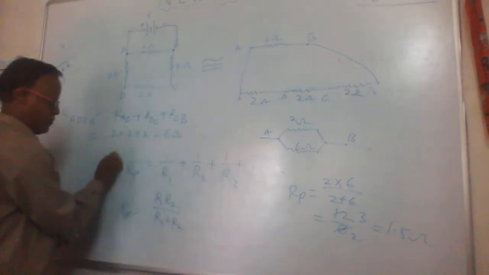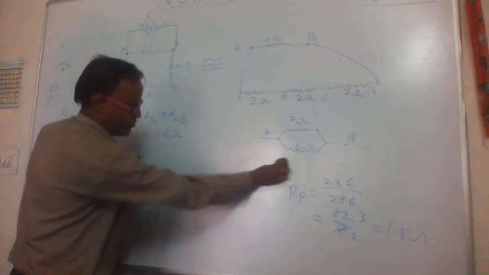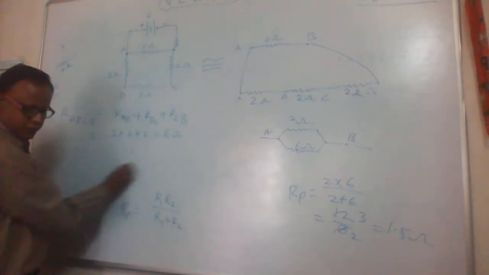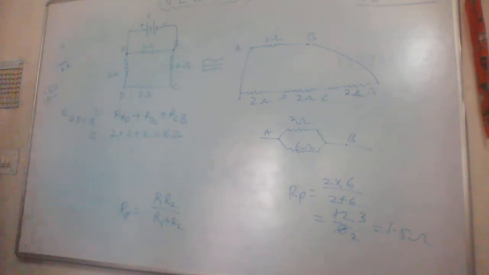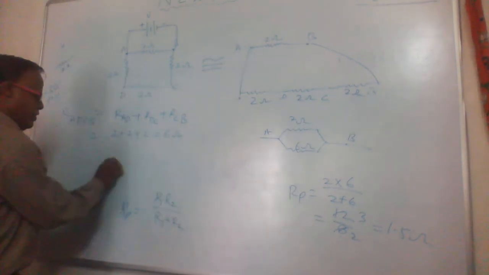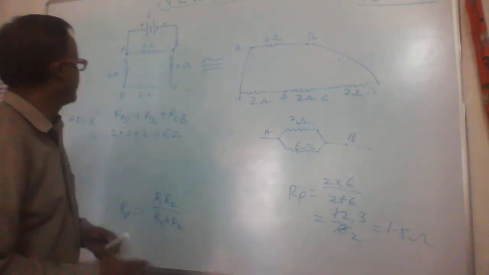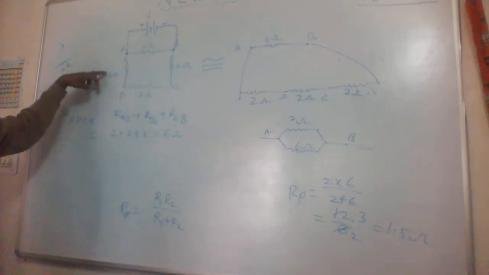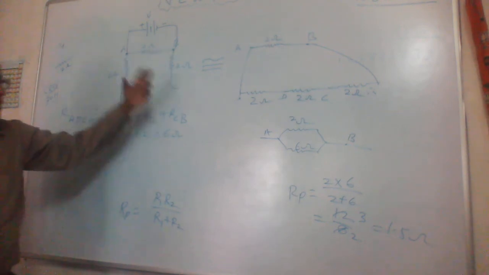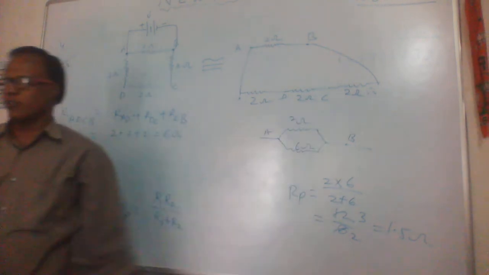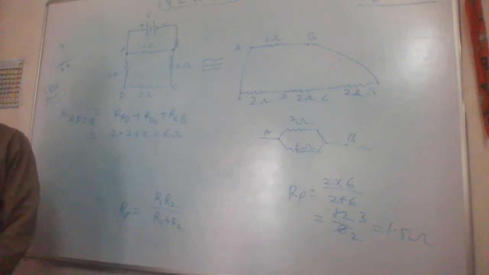Then we have to draw this equivalent diagram. Then you draw the equivalent diagram, this extra part, and then Rp is equal to this. So the effective resistance of the square ABCD when we are taking two adjacent corners is given by that equation. Now stop.